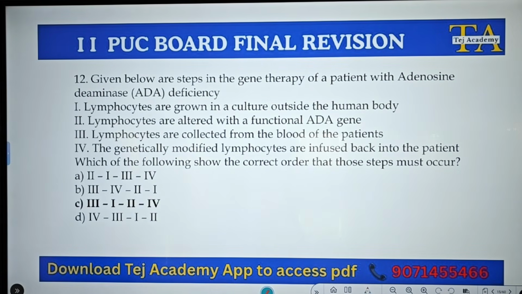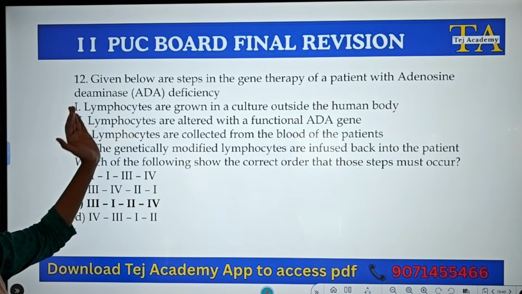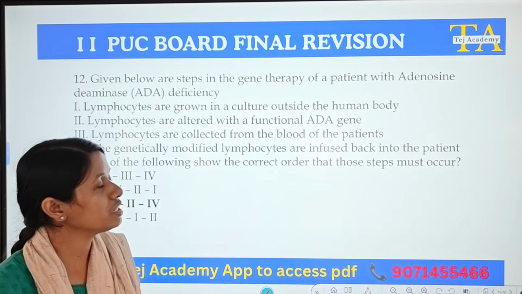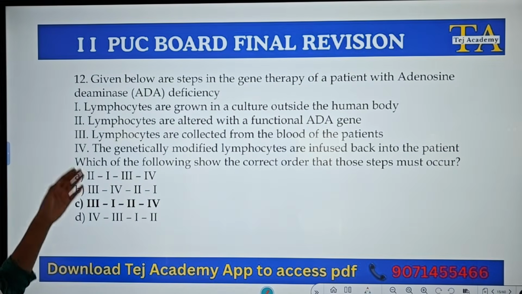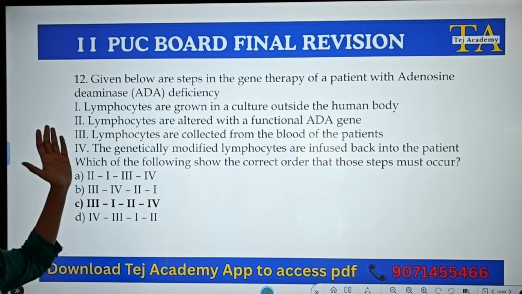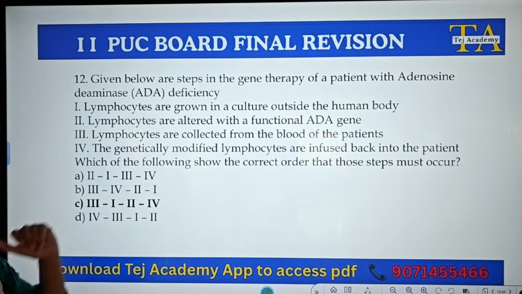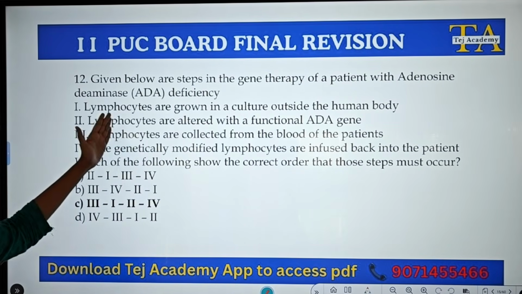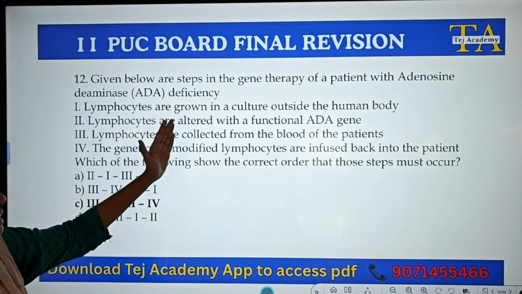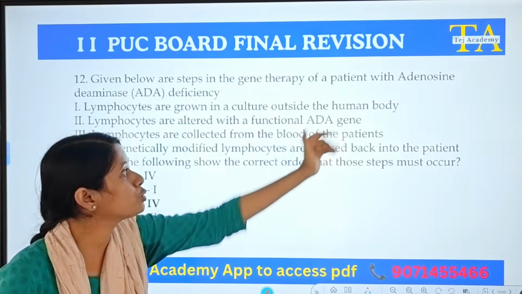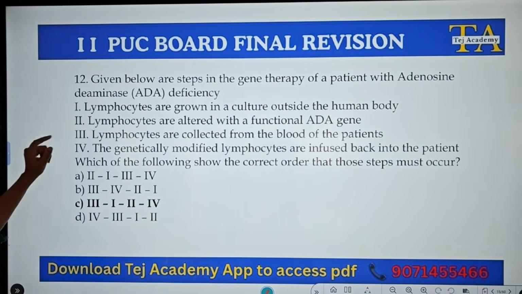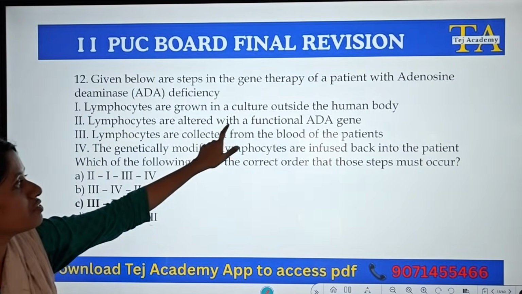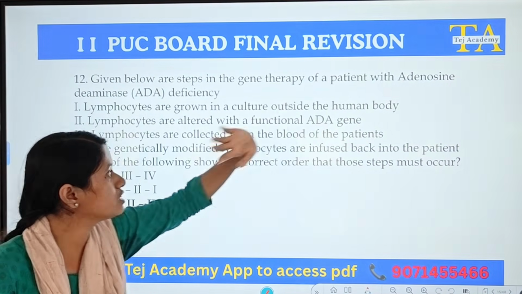12th question is, given below are steps in the gene therapy of a patient with adenosine deaminase deficiency or ADA deficiency. The options given are, lymphocytes are grown in a culture outside the human body. Second, lymphocytes are altered with a functional ADA gene.